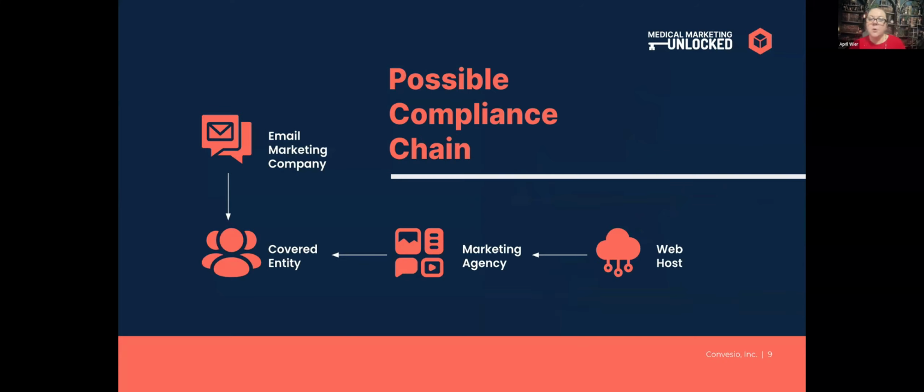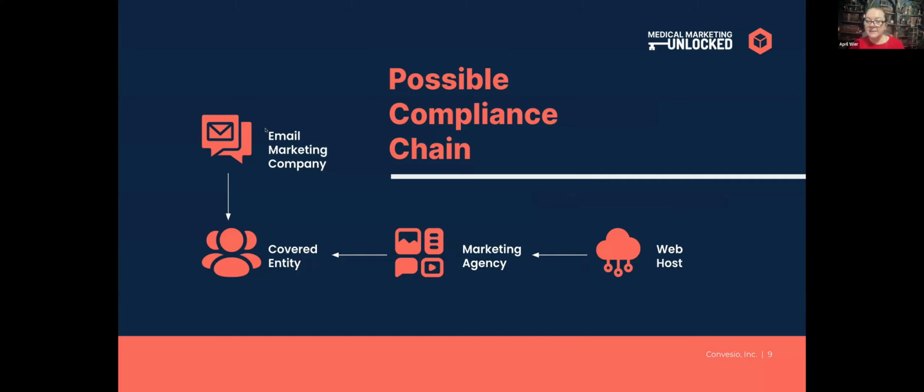All right. So when you issue a BAA to someone as an agency, you establish what is in effect a compliance chain. Let's look at what a possible compliance chain might look like. Here we have the covered entity, which would be, let's say, the doctor's office. Here we have the marketing agency, and here we have your web host like Convesio. Let's say the covered entity has signed up with an email marketing company.